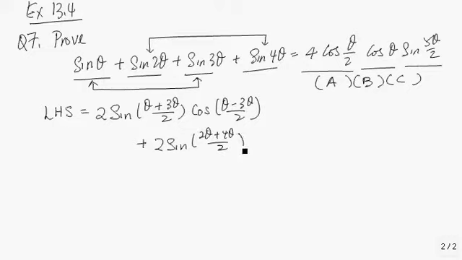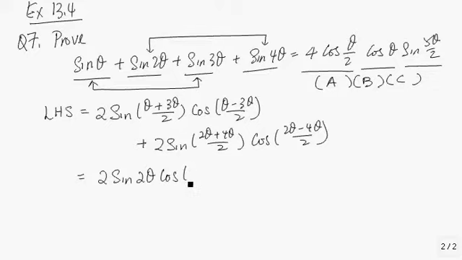And then what you have is 2 sine 2 theta, cosine theta. And then the second one we have here 2 sine, then 2 plus 4 is 6, so you have 3 theta, and then we have cosine theta.